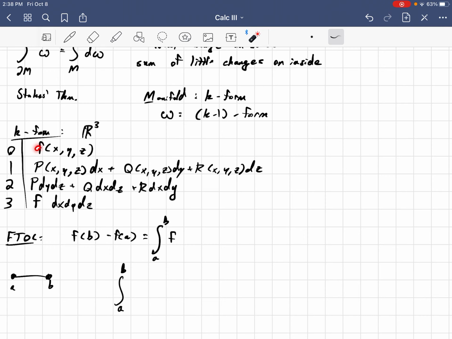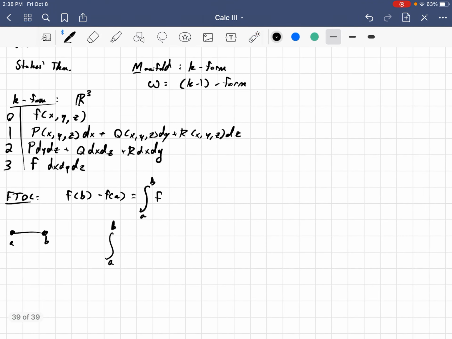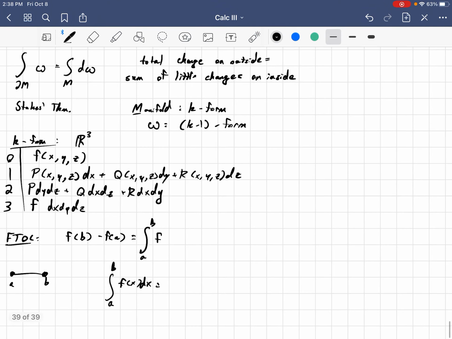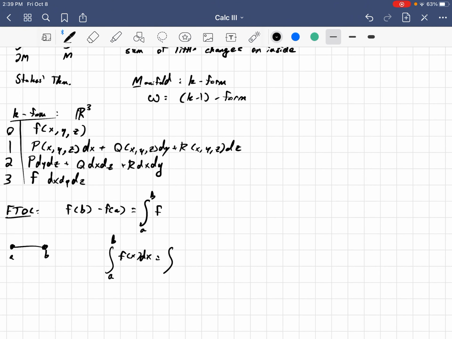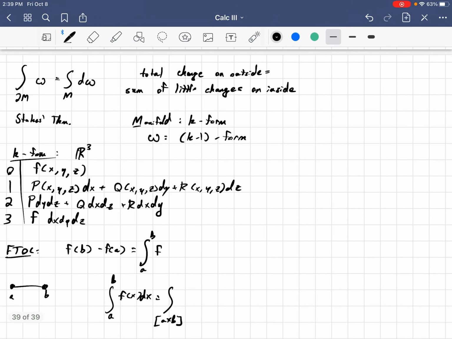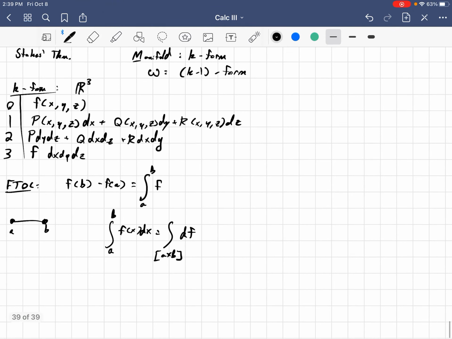Now the zero form in R3 was f of x, y, z. The zero form in R1 is just f of x dx is equal to the integral over that whole region of the derivative of our zero form, which I'll just call df.